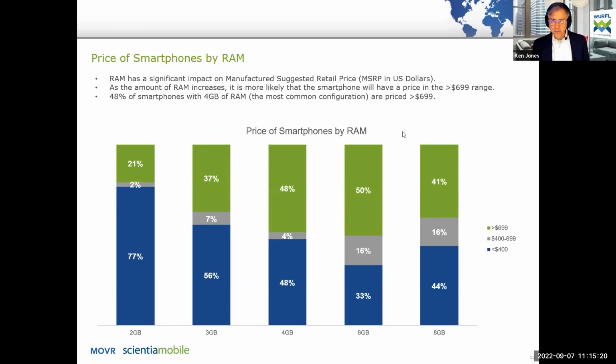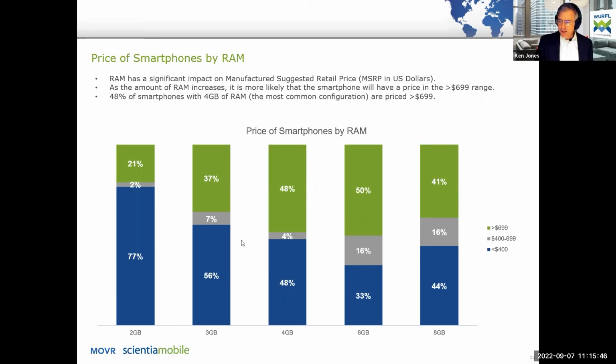Some of the flagship Samsungs are also there. And not surprisingly, I think it's an interesting thing because RAM is probably not the most expensive element that goes into a device, but it is indicative of the performance that you would get, and you pay for performance.